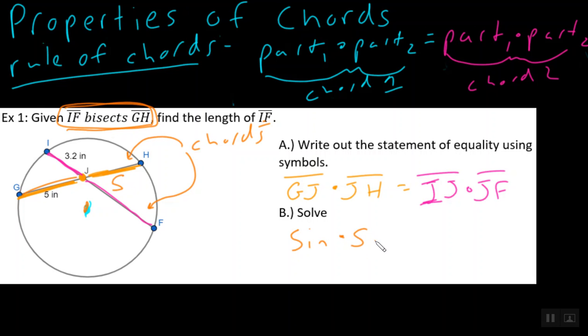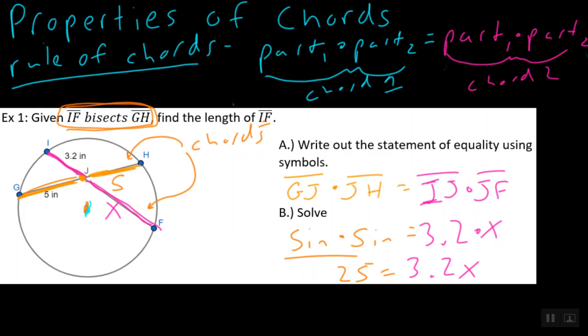So we have 5 times 5 will be equal to, and IJ, this first part right here, is 3.2. And we don't know JF, so I'm going to put an X right there. So times X. Okay. Well, over here on the left, what's 5 times 5? Well, that's 25.